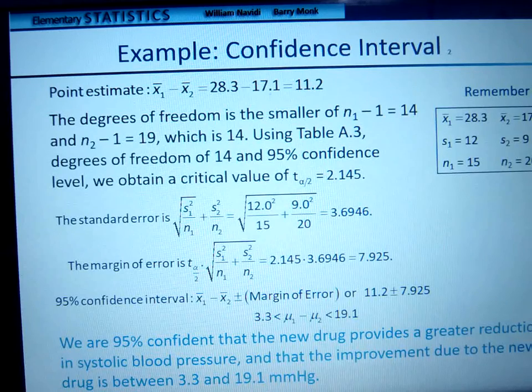Given that, we're 95% confident that the new drug provides a greater reduction in systolic blood pressure, and that the improvement due to the new drug is between 3.3 and 19.1.